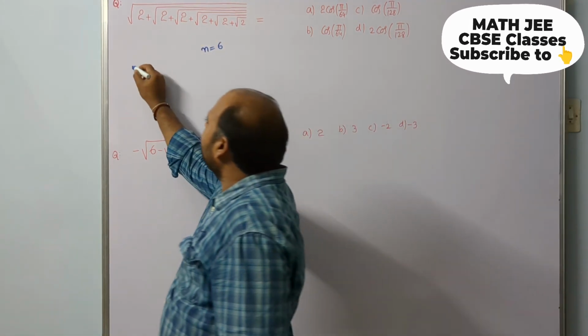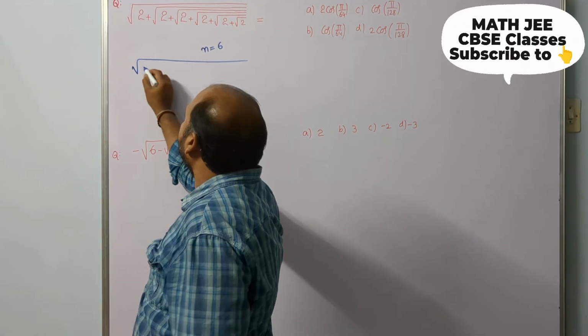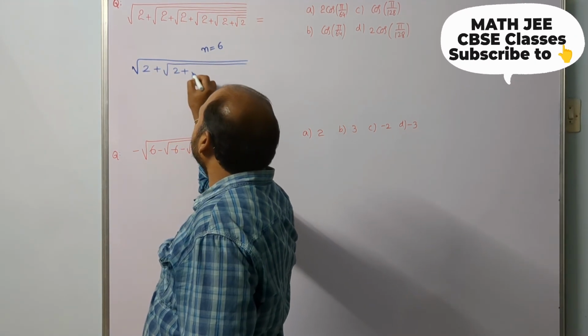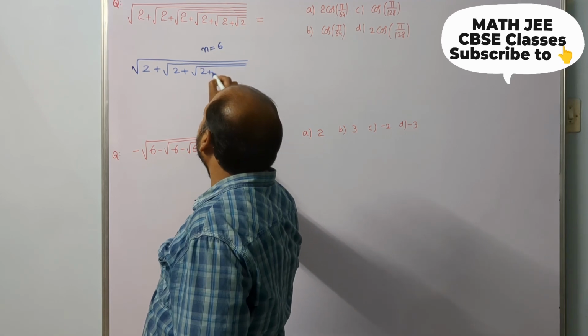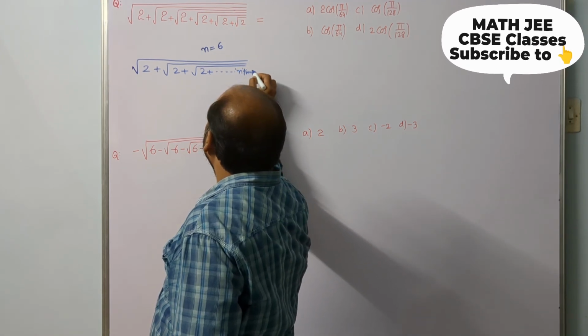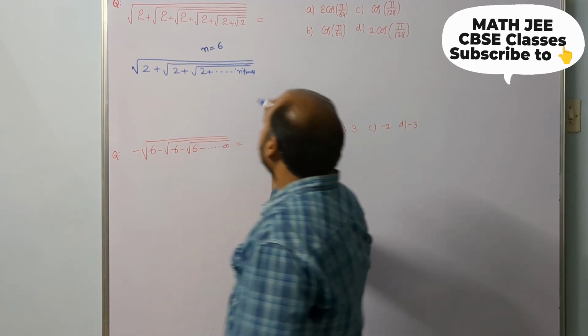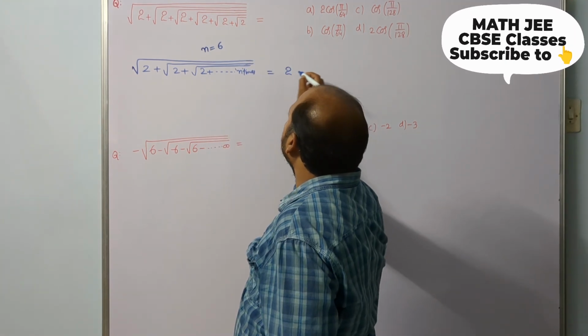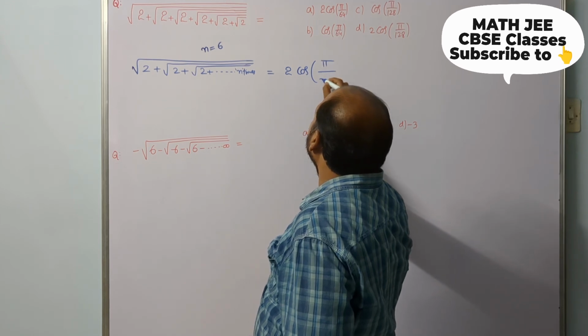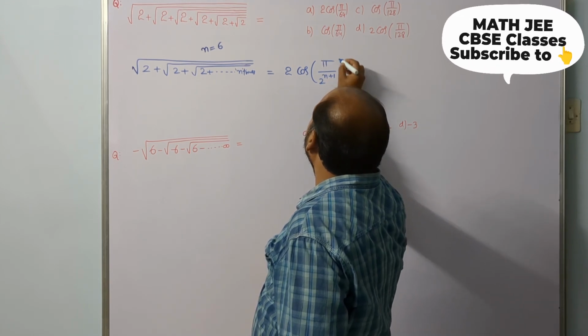We know one of the formulas: square root of 2 plus square root of 2 plus square root of 2 and so on, n times, is equal to 2 into cos of pi by 2 power n plus 1.